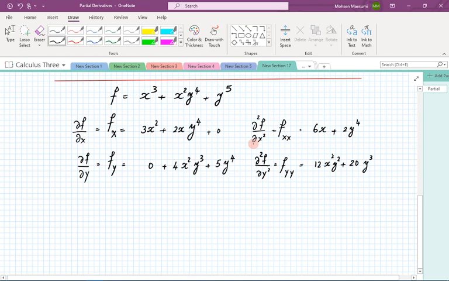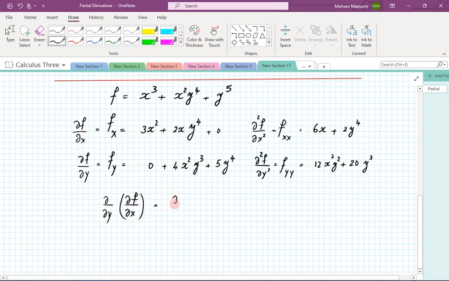We could have mixed our derivatives. After I've taken the derivative with respect to x, I can take a derivative with respect to y. So after I have the derivative of something with respect to x, second round I can change my mind and say, okay, now I take a derivative with respect to y. That's how we are going to write it.